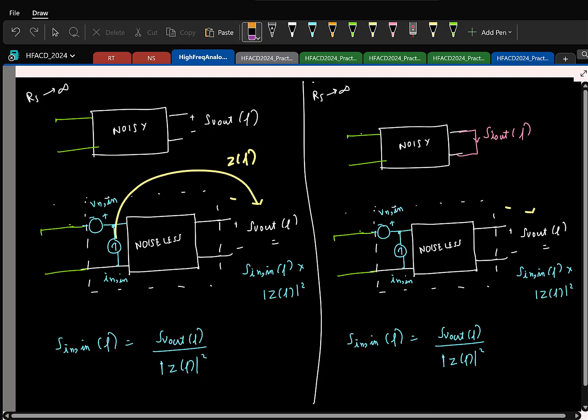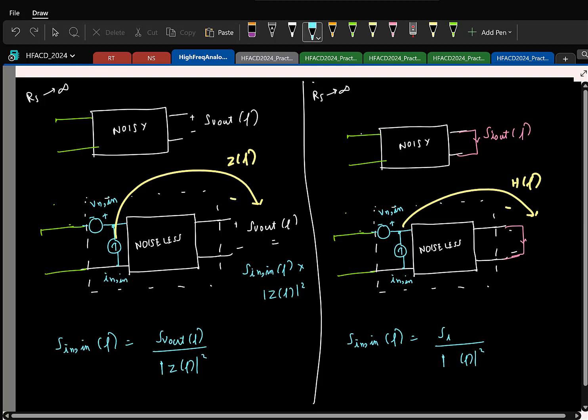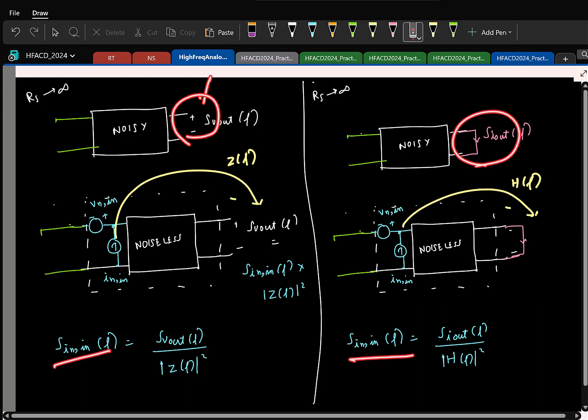The transfer function I will compute will be from the input noise current to the output current, so that will be some H of f. So the current will be the same thing. You can find it using either of these, either by finding the voltage or current. The final thing you get will be the same.